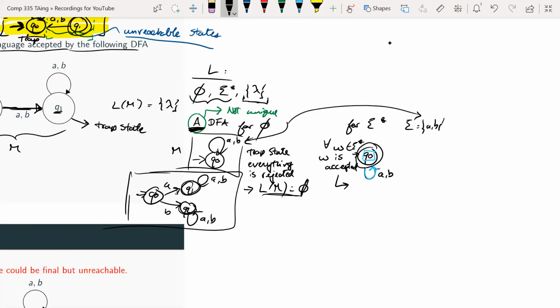So by definition, the language accepted by M is sigma star. Again, this DFA is not unique. There are many DFAs that could accept sigma star. I encourage you to think of a couple of other examples. You could, for instance, convert all of the non-final states here into final states, and that would be another possible DFA.